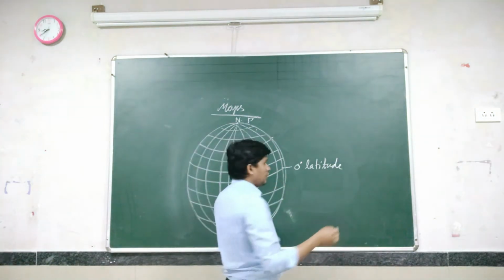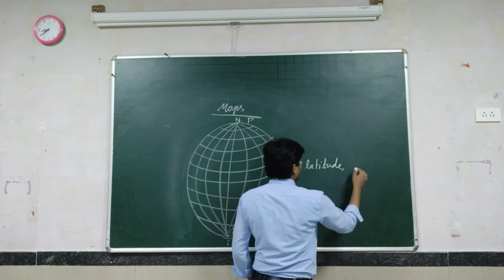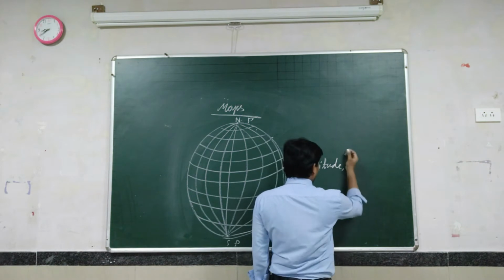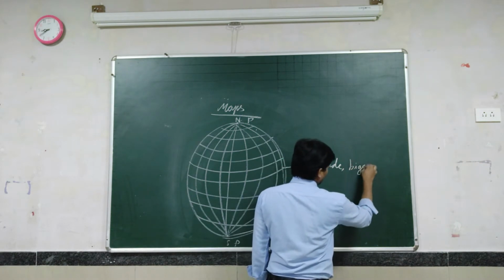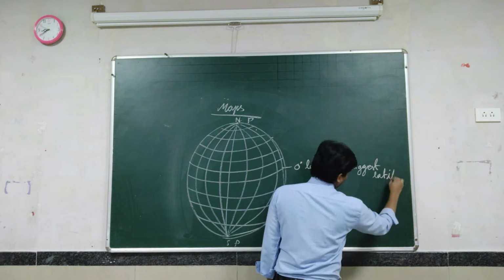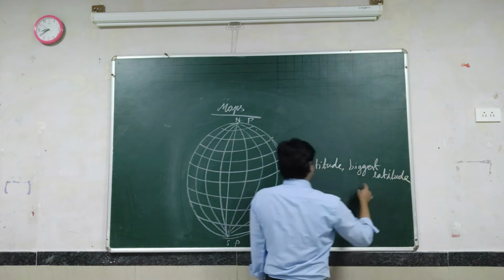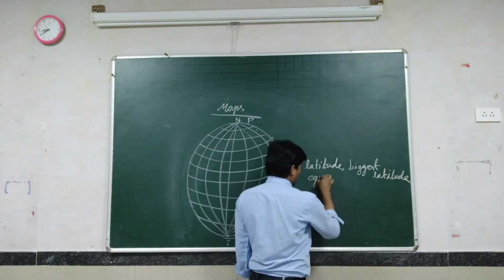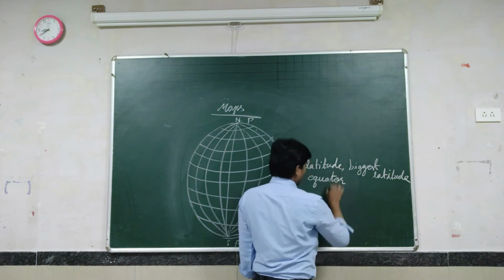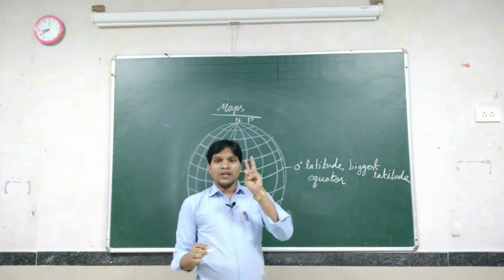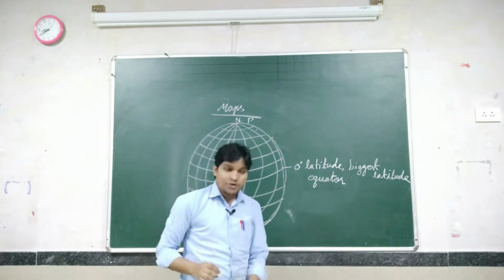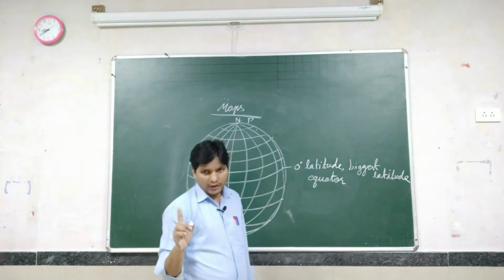Another name for 0 degree latitude is longest latitude, biggest latitude, and then it is also called the equator. So 0 degree latitude has three names: longest latitude, biggest latitude, and equator.